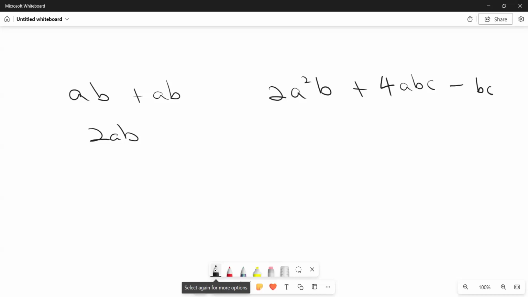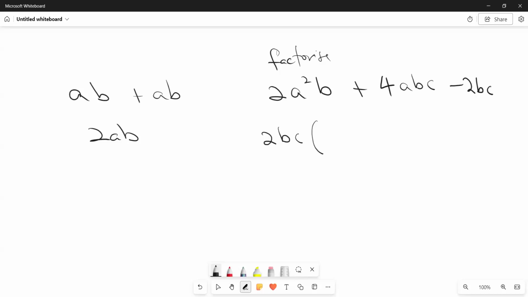Right? Let's say you want to factorize this. I'm going to look through here. What do you see common? 2 is common, B is common, C is common.